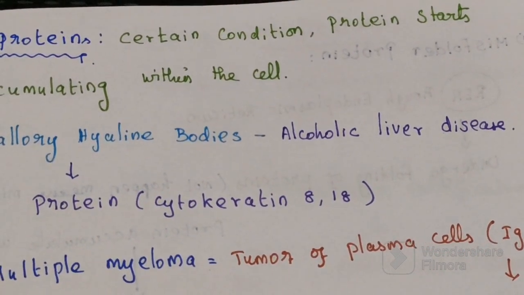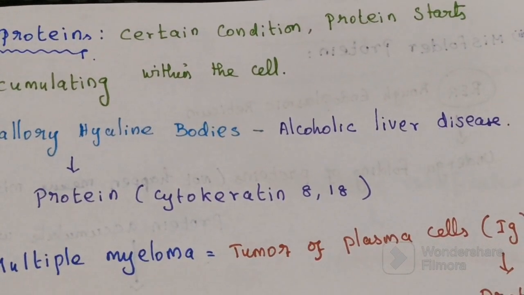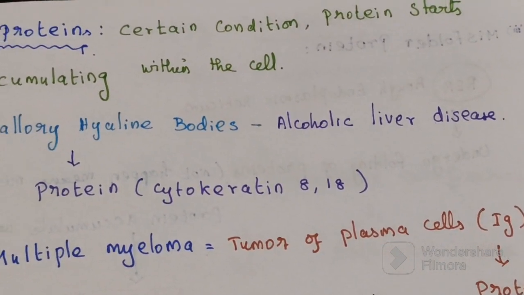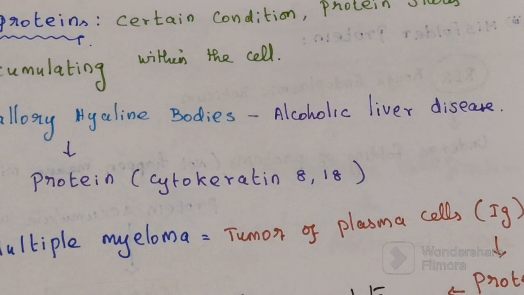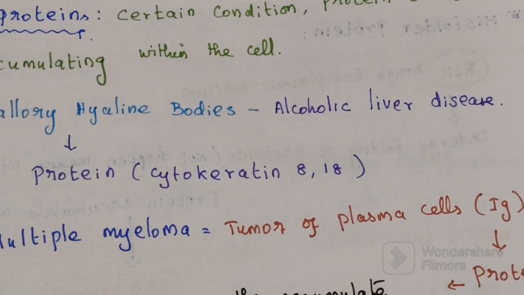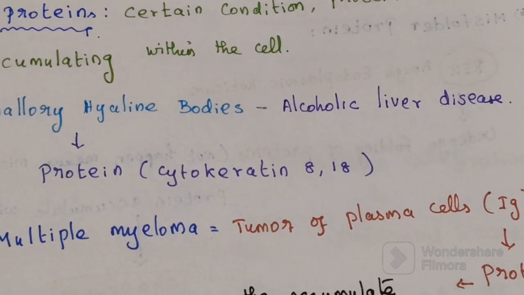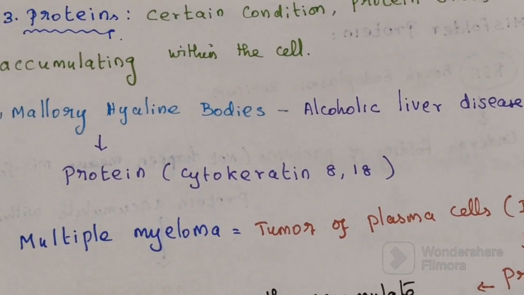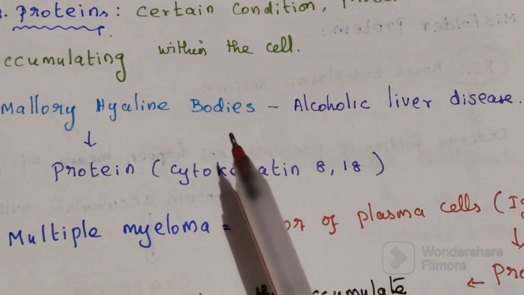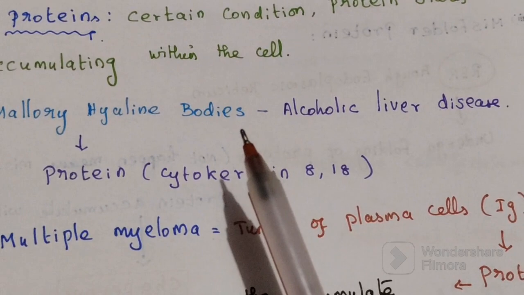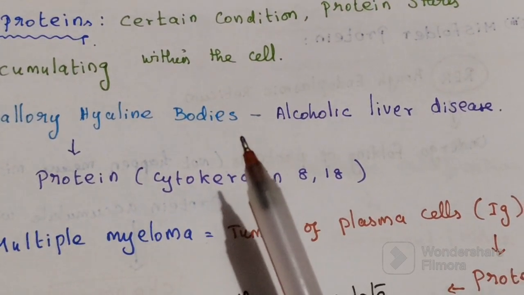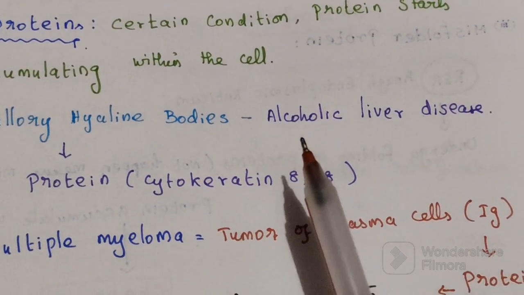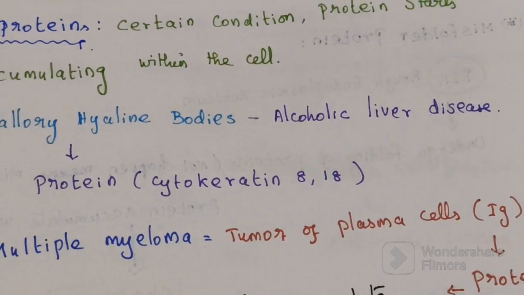They can be seen in multiple conditions of the liver, but very commonly seen in alcoholic liver disease.